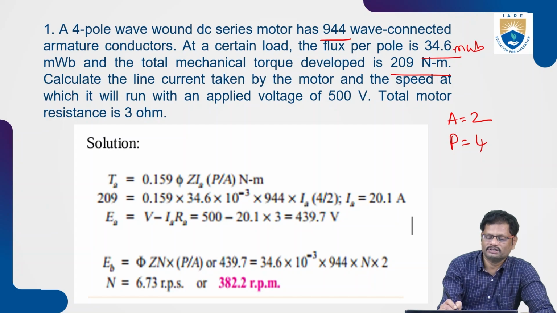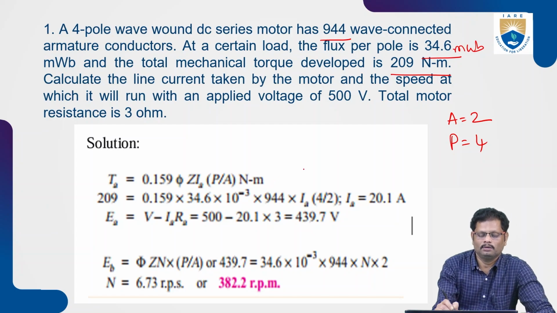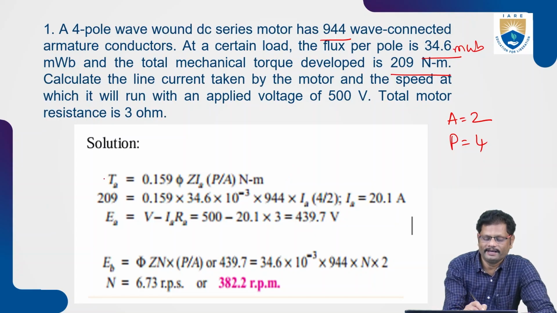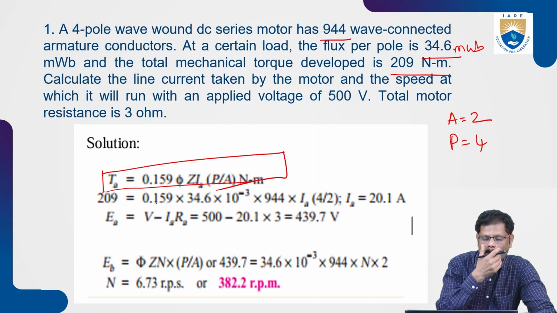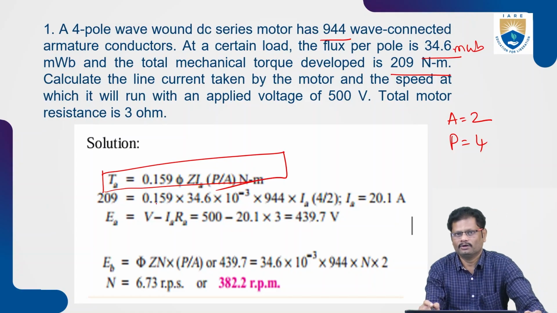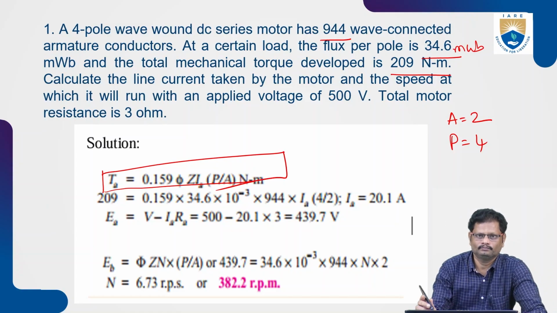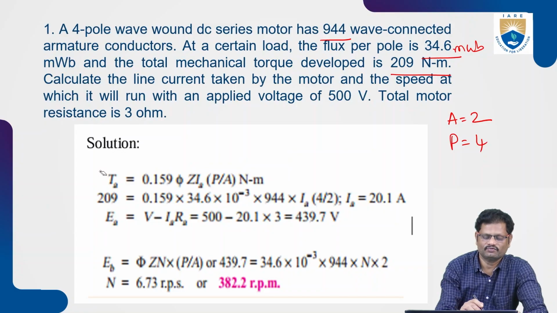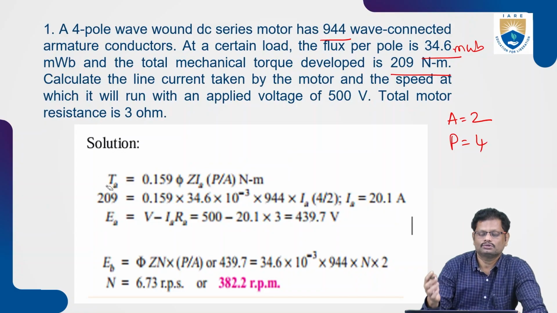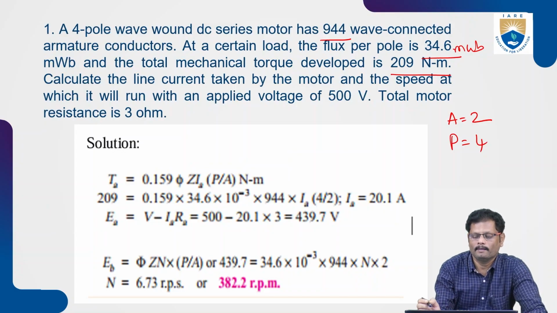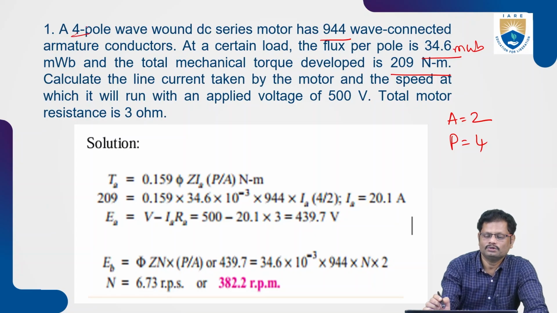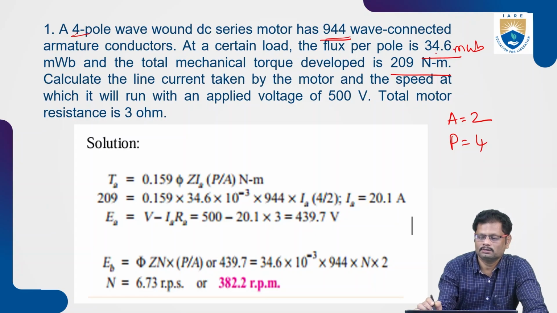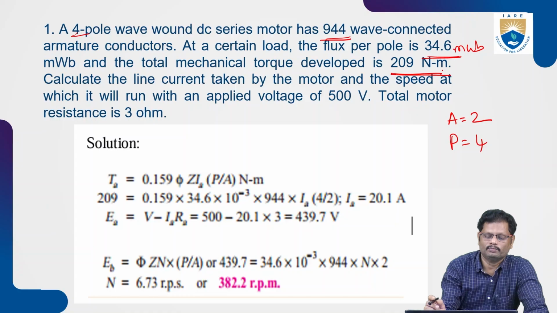So we have the generalized expression for mechanical torque developed as 0.159 ZIA into P by A Newton meters. So this is the expression for torque. We have some parameters like number of poles, armature conductors, flux per pole, torque developed.